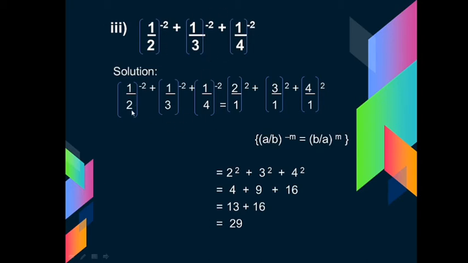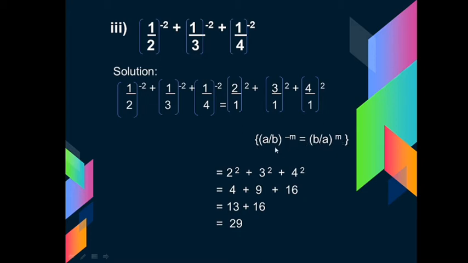So (1 upon 2) whole raised to the power minus 2 plus (1 upon 3) whole raised to the power minus 2 plus (1 upon 4) whole raised to the power minus 2 can be written as (2 upon 1) whole raised to the power 2 plus (3 upon 1) whole raised to the power 2 plus (4 upon 1) whole raised to the power 2. So what we did here is apply this formula, that is (a divided by b) whole raised to the power minus m equals (b divided by a) whole raised to the power m.